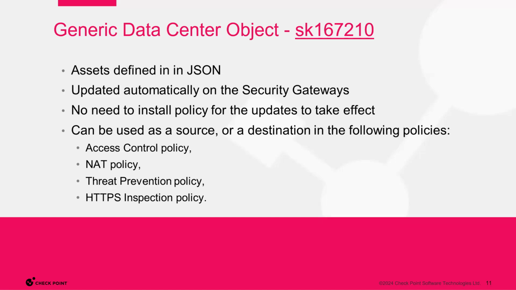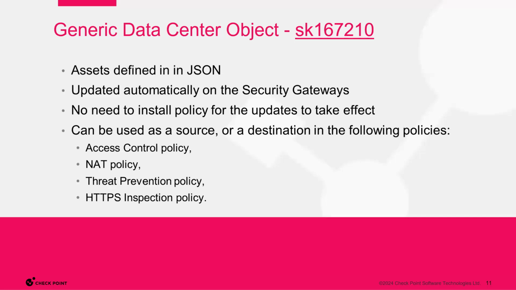From this, essentially, you would host a JSON file on a secure website or insecure HTTP, HTTPS, which the firewall or the CloudGuard management controller would check in on and pull that data, and then essentially create a set for you to use for policies. So it's just outlining what your data center is, what all the objects are, and then pulling it in.